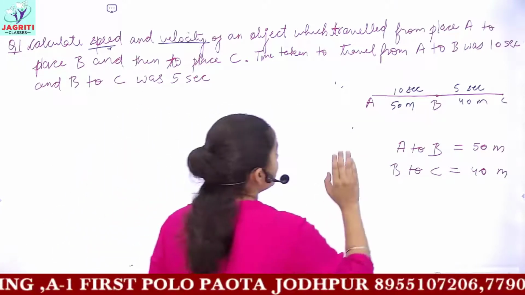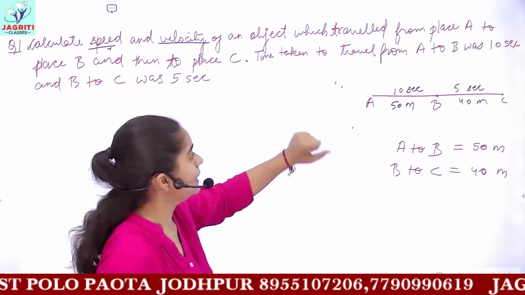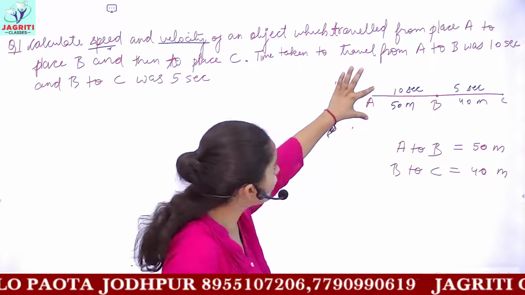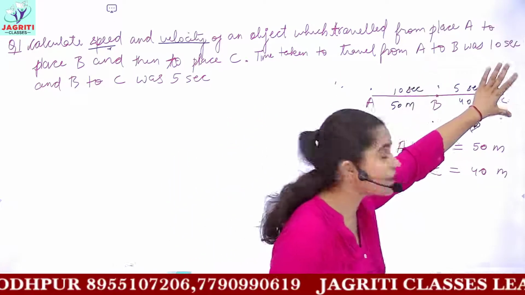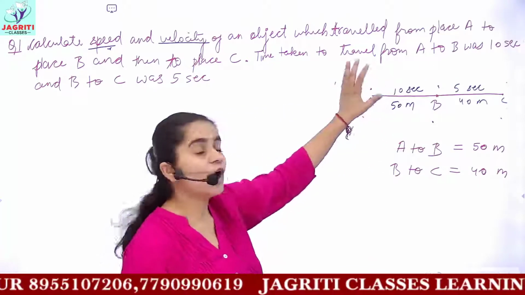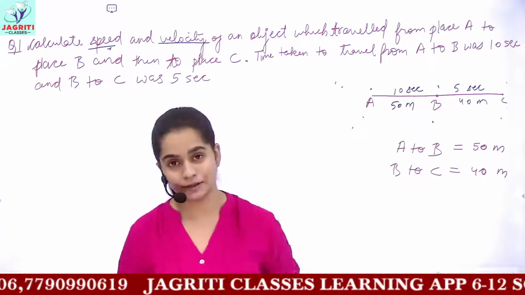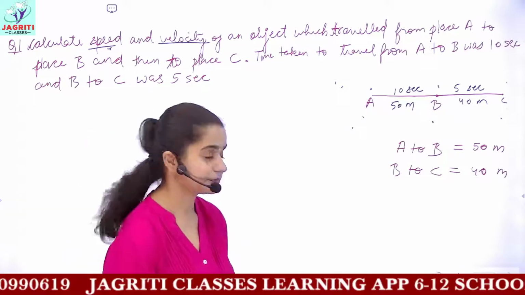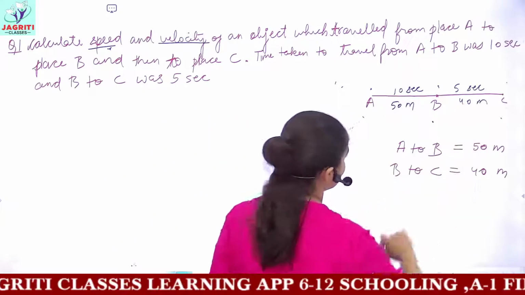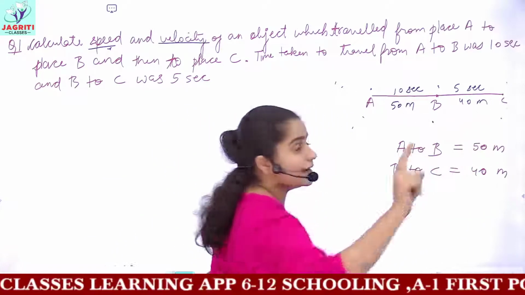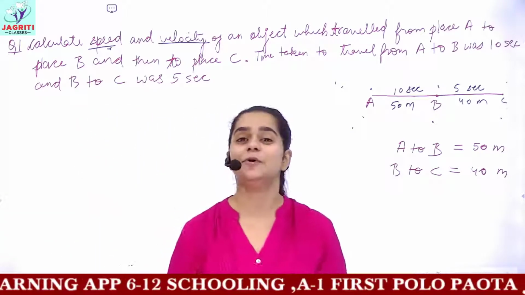Let's see. In this complete journey from A to C, if you observe carefully, when the object moves from point A to B, that is in the first half of the journey, and in the last half of the journey, is the object undergoing uniform motion or non-uniform motion? Please tell me. You may pause the video and tell me whether in this complete journey the object is undergoing a uniform type of motion or non-uniform type of motion.